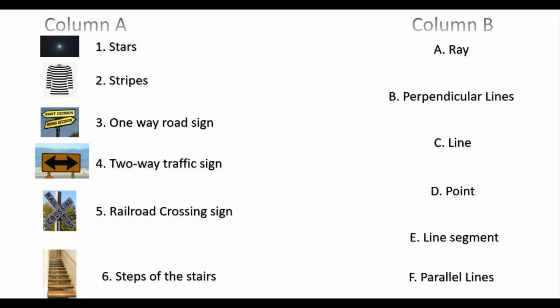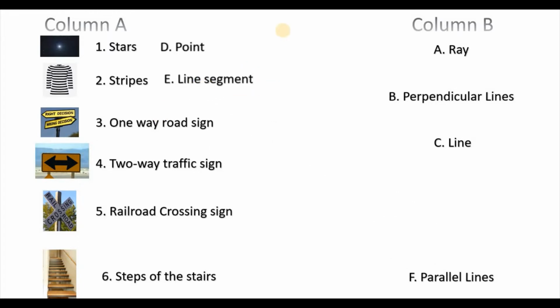Okay, for number 1, what do stars represent? And these are the geometric terms that we have in column B. So stars represent point. Okay, letter D. How about the stripes on a blouse? It represents line segment, right?